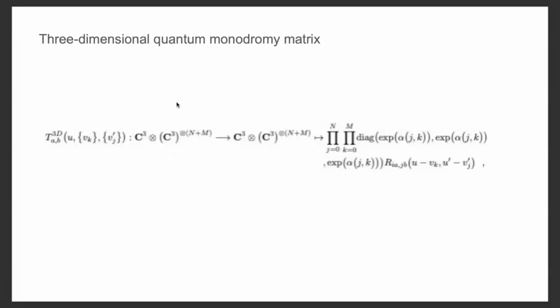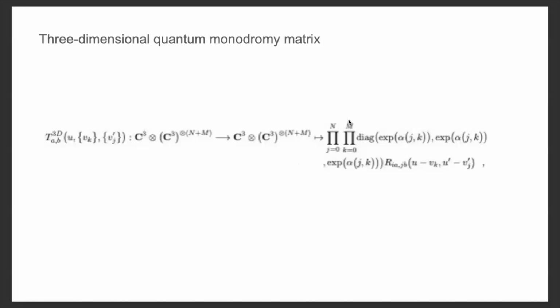But the pre-image and the image space of the mapping, as in the two-dimensional case, also in the three-dimensional case, are the same, and it's just given by a tensor product of the first term appearing in the tensor product as the three-dimensional complex space, but the other term appearing as the tensor product is the three-dimensional complex space being raised to the tensor product of n plus m.